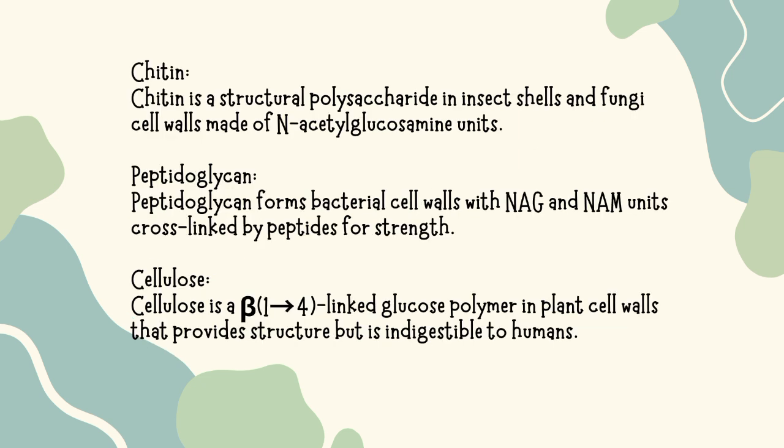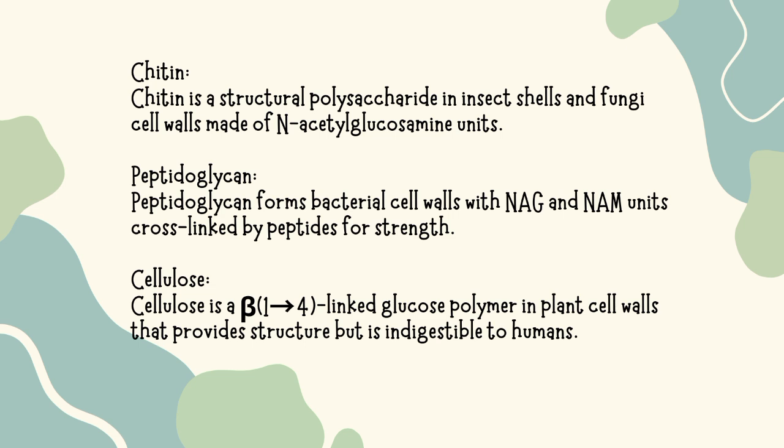Chitin is a structural polysaccharide found in insect shells and fungal cell walls. It is made of N-acetylglucosamine units that give strength and protection. Peptidoglycan forms bacterial cell walls.